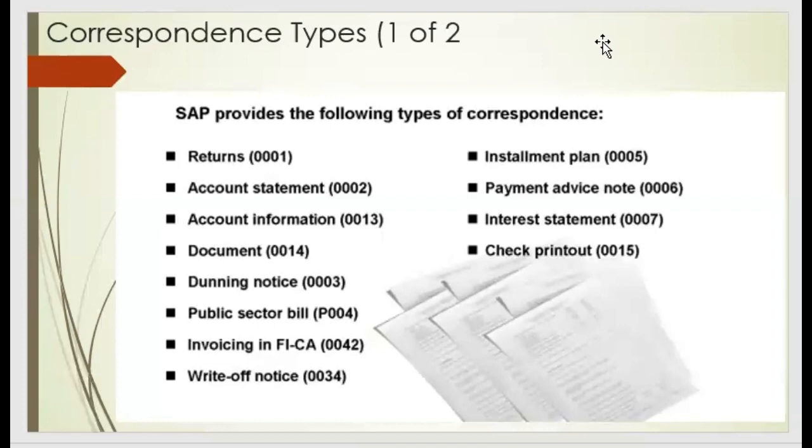Similarly, documents like a welcome letter, or documents like if there are any new policies or new tax rules introduced. So all these come under documents. Smart forms are used for correspondence about the documents. Or then dunning notice. Dunning we discussed many times.